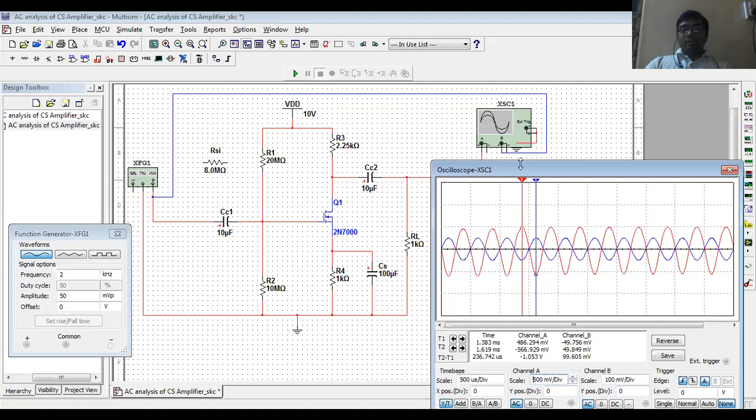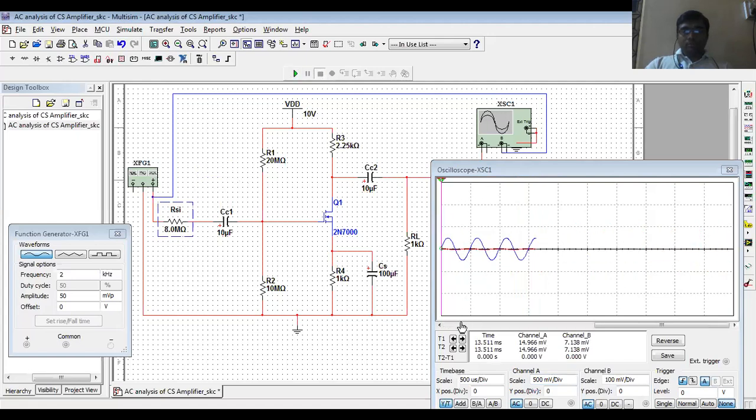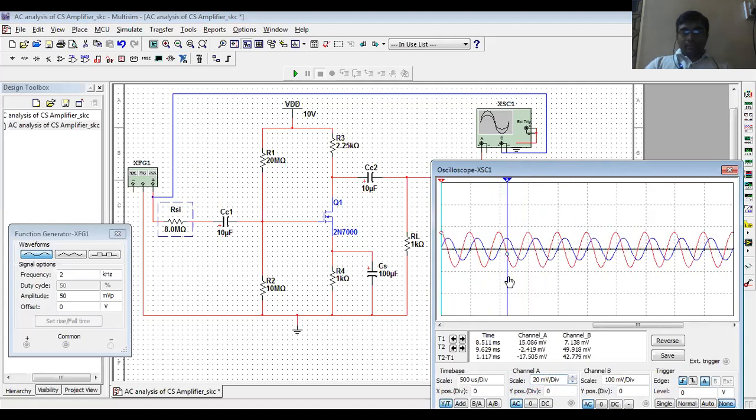In a similar fashion, you can also connect both the resistors and calculate the V naught triple dash. That is also mentioned in our calculation. Again, your output voltage decreases significantly, and you can measure this value.